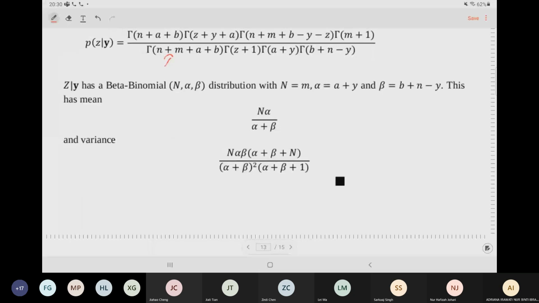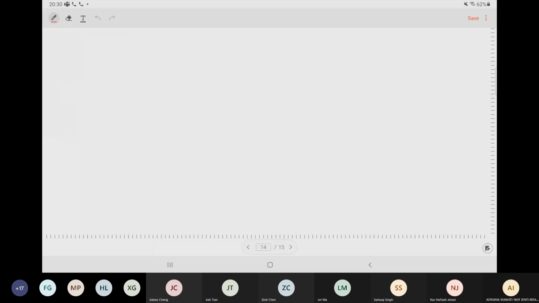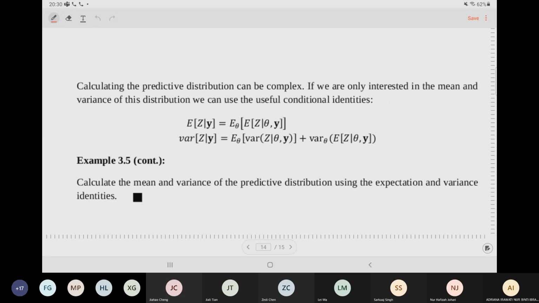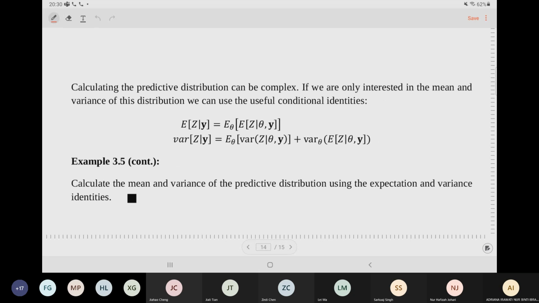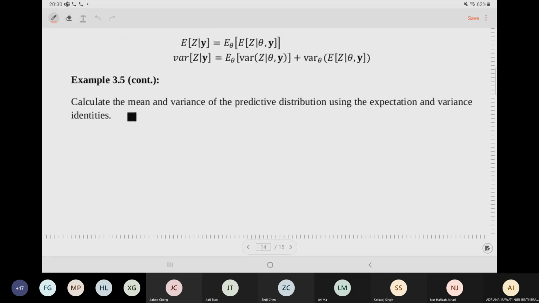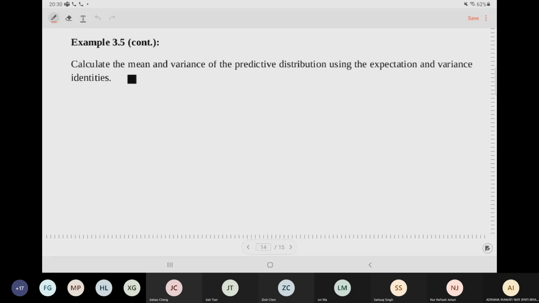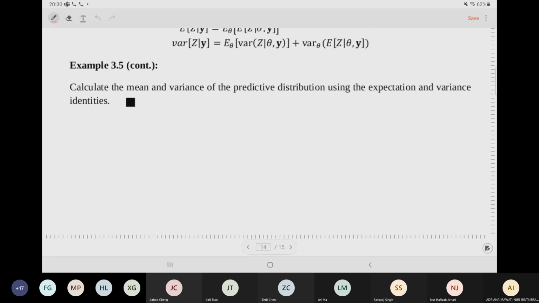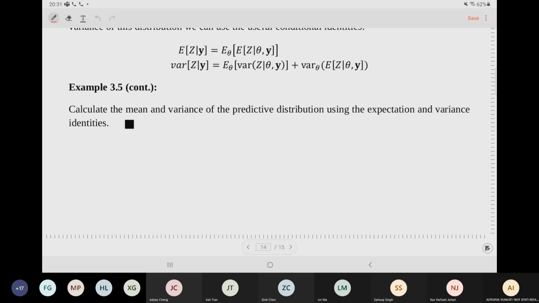So you can actually use the property of expectation, which is the conditional expectation and the conditional variance. Okay, so then for the previous example, we want to use the conditional mean and variance to find the predictive mean and variance.